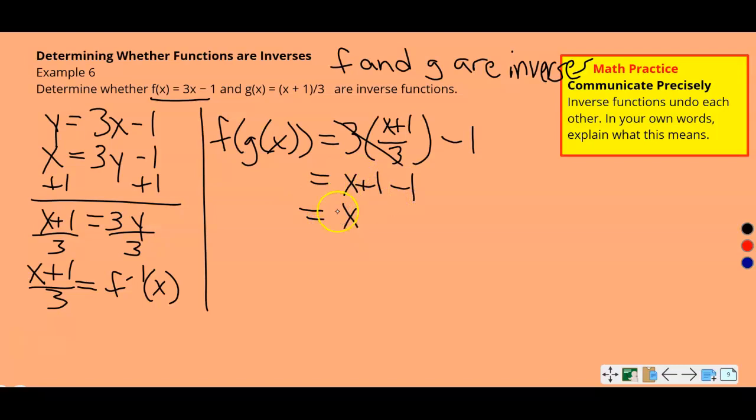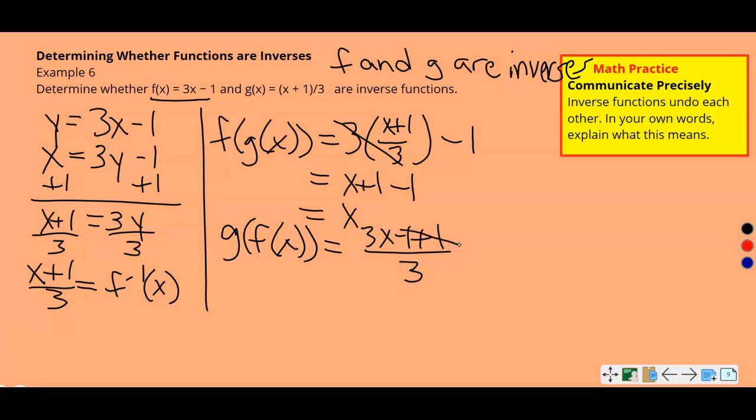All right, so let's look at g of f of x. Composition of functions is also on the ACT, so this is good practice as well. We're going to take the function f this time and substitute it in for x in our g function. So we're going to start with 3x minus 1 plus 1, all of that over 3.